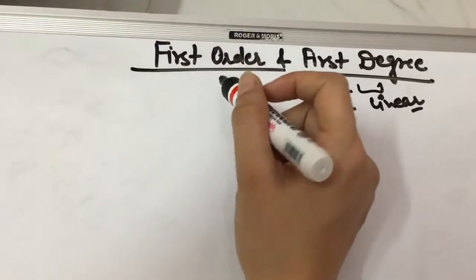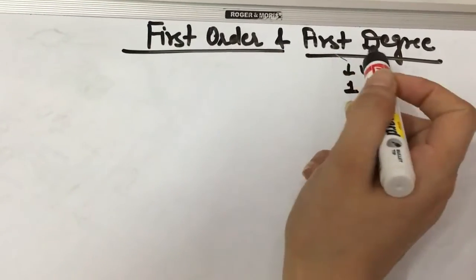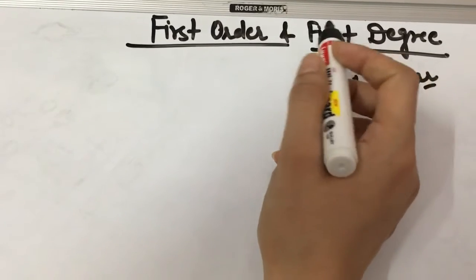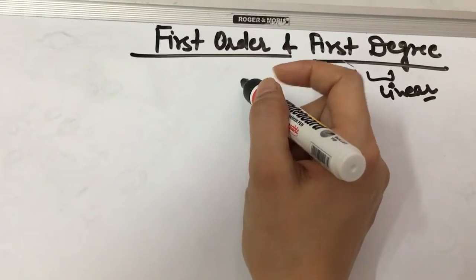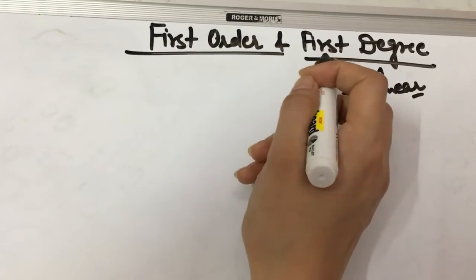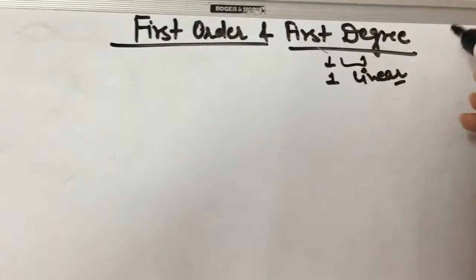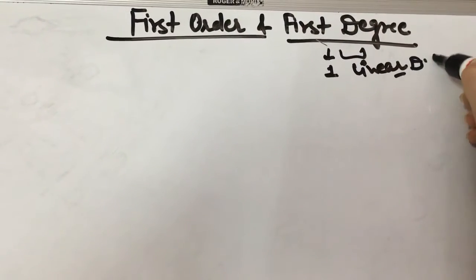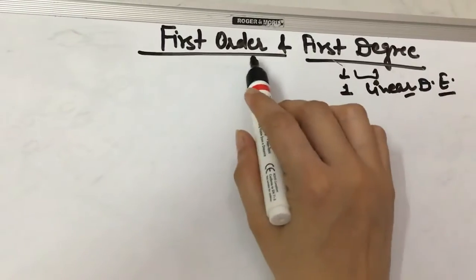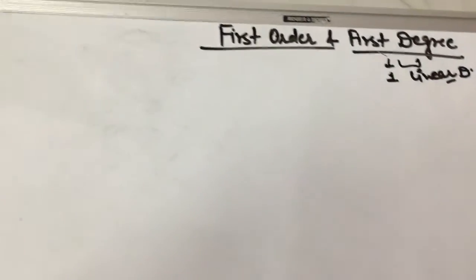So here we have categorized our order and degree as 1 both for a differential equation. That means we will study linear differential equations, first order and first degree.